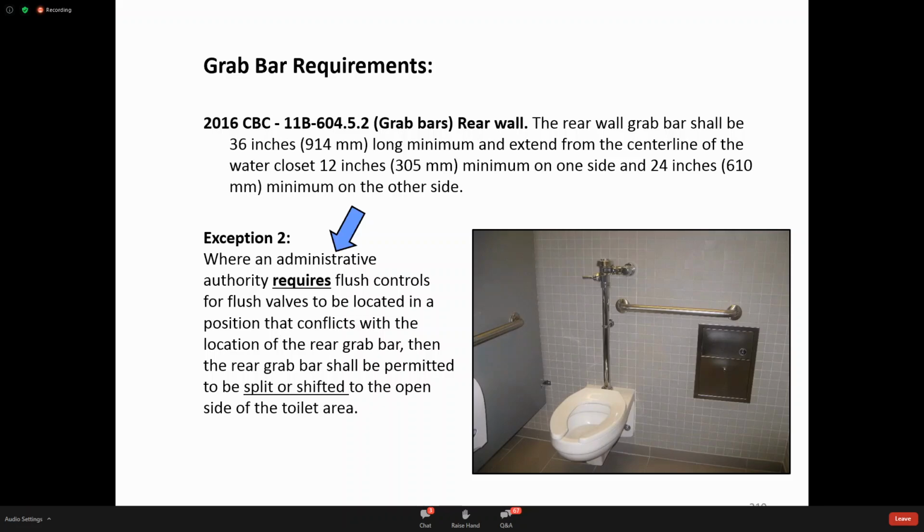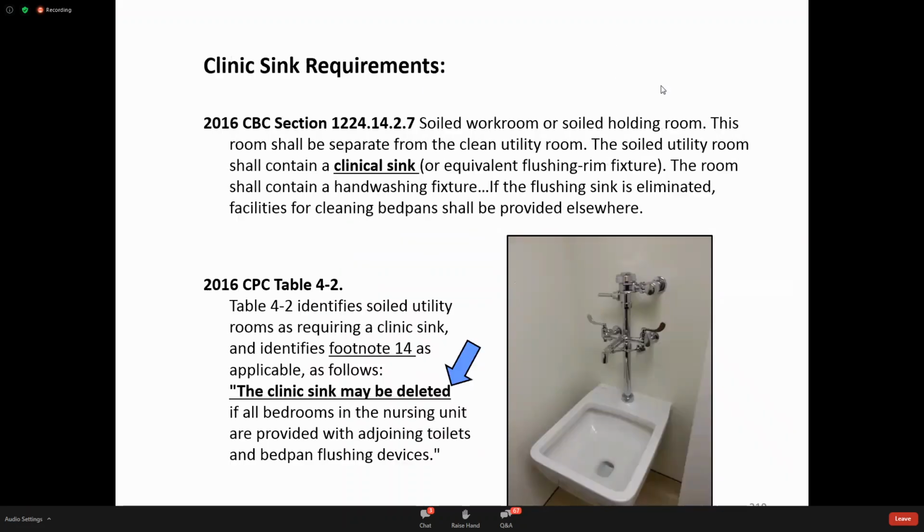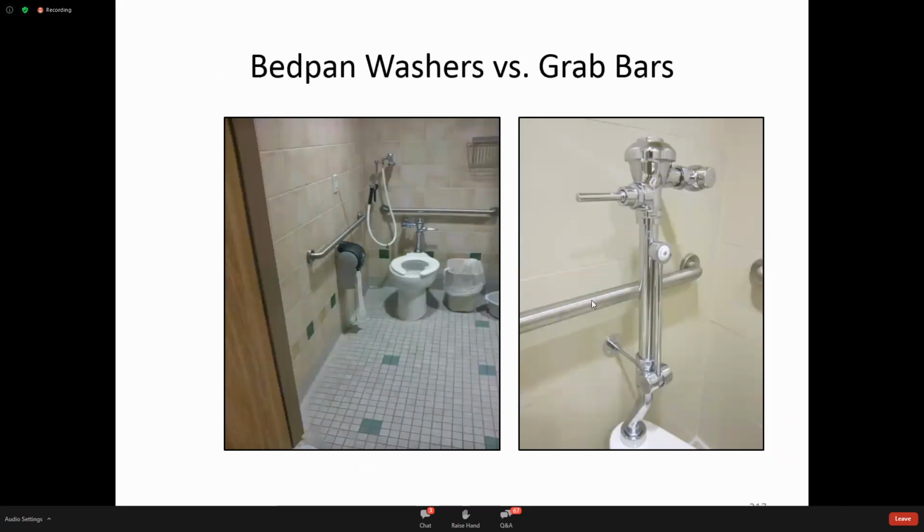On this slide, it's barely visible. So a bedpan washer, I think I'm going to back up a slide or two. This slide shows it better. On the right, there's kind of a white gizmo on the vertical element. What that is, is a bedpan washing device. You can pull that down 90 degrees, and it's more or less like a shower head.